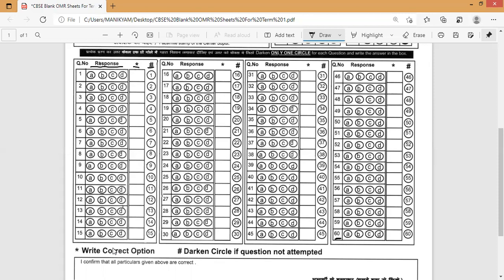For example, if you take mathematics, the maximum number of questions will be only 50. So you are not supposed to give responses after 50. 50 is the last question for which you use your response sheet. That is the first point you have to remember.